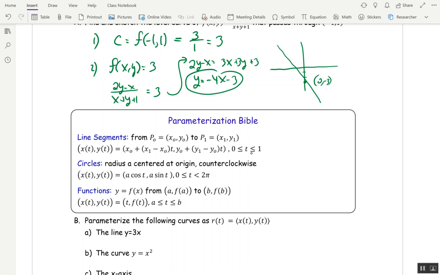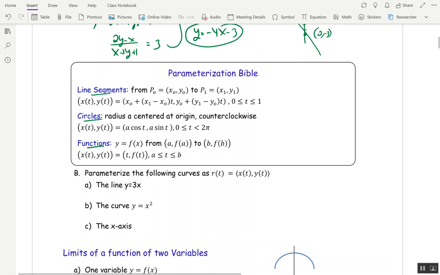You can just use these formulas to get your parametrizations. We're not going to do a lot of parametrizing in this section, but later in the course we'll be finding parametric equations right, left, and center. So this isn't going to go away. Let's use these rules to do some simple parametrizations.